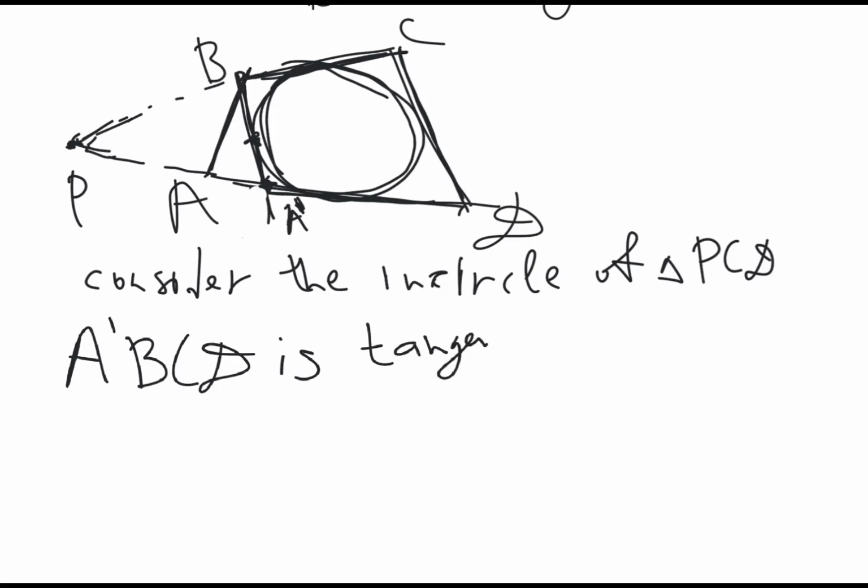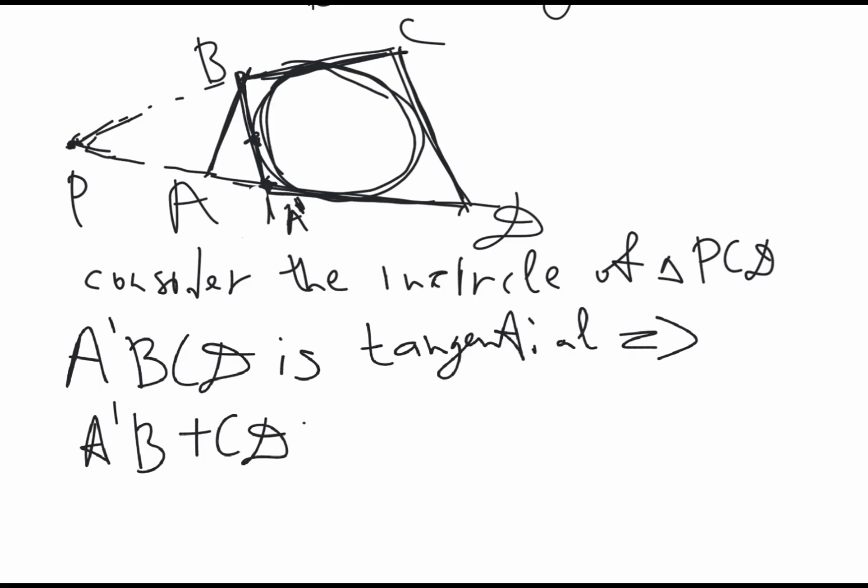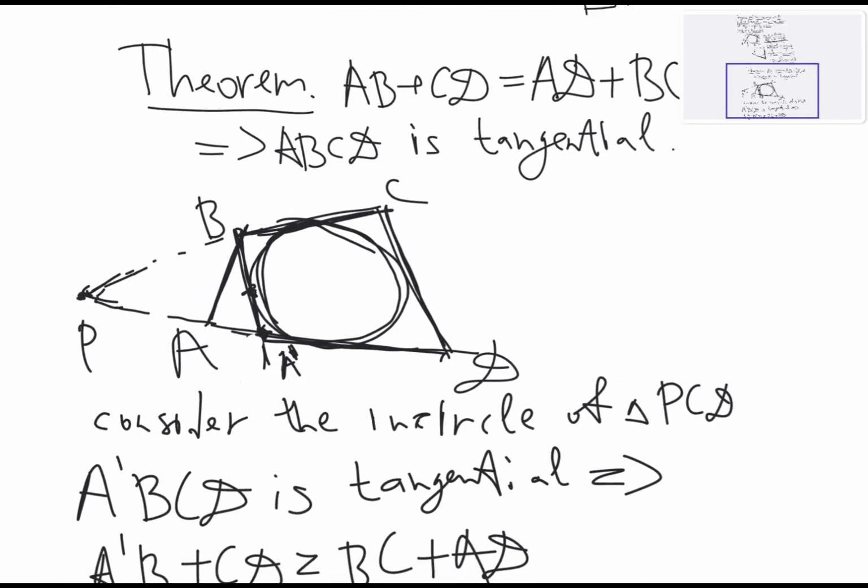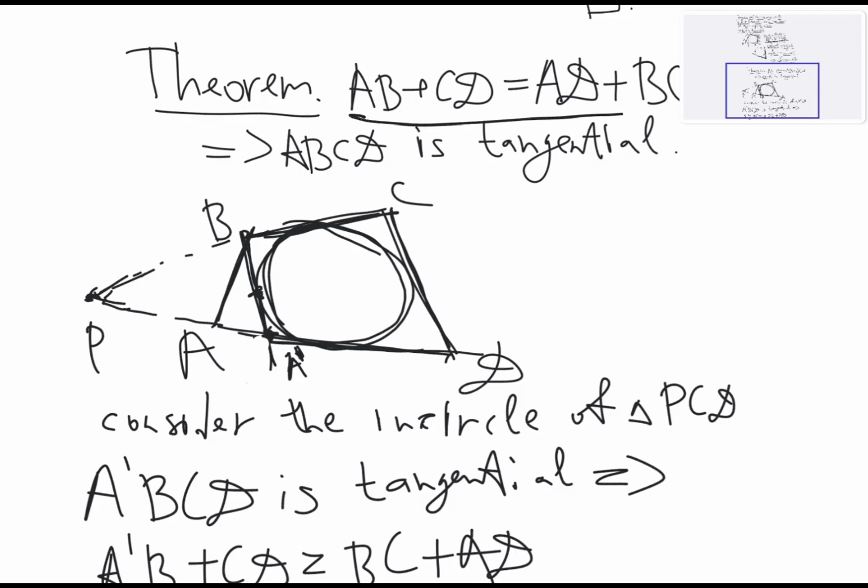So by the already proven Pitot theorem, we have that A prime B plus CD is equal to BC plus AD, right? But we know from the statement of the theorem that this holds, right?